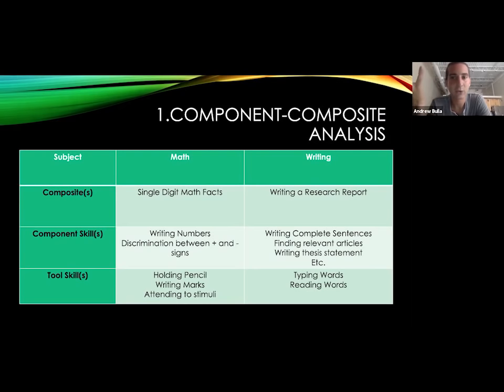We might look at some higher order skills like writing a research report. With writing a research report as our composite, the component skills might be writing complete sentences, finding relevant articles, writing a thesis statement, etc. Our tool skills may be typing words and reading words. So I need to be able to type words quickly to be able to write a complete sentence, and all of those goes into the composite of writing a research report.